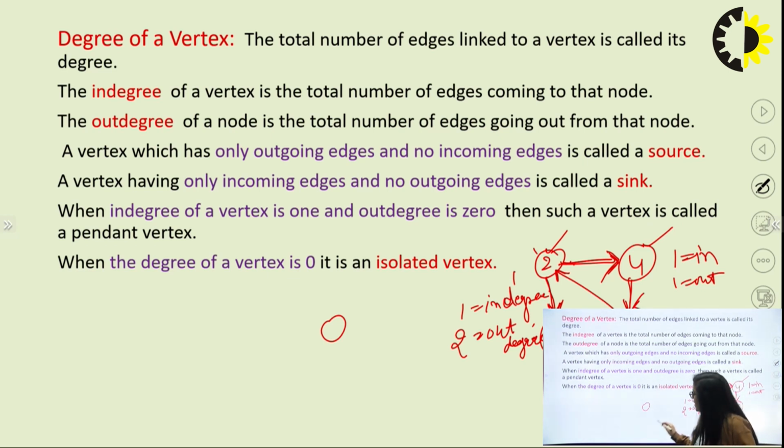Because there are no edges, neither incoming nor outgoing, neither directed nor undirected, because it is a single vertex not connected to any other vertex, we say the degree of this isolated vertex is 0.